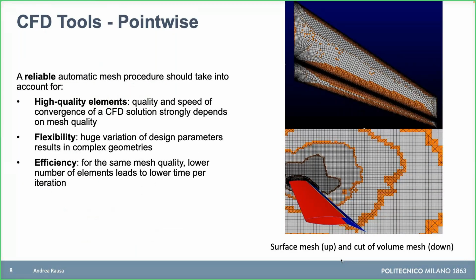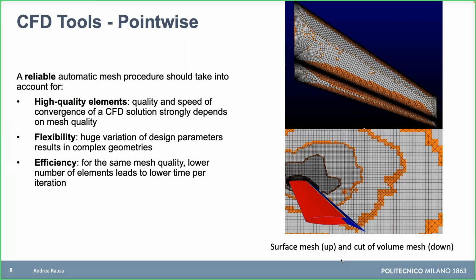For the meshing tool, we used Pointwise because it allows us to create really high quality meshes, especially since the number of parameters in this case is quite large. So we want to be able to create good quality meshes independently of, for example, having the dihedral angle or positive sweep and so on.